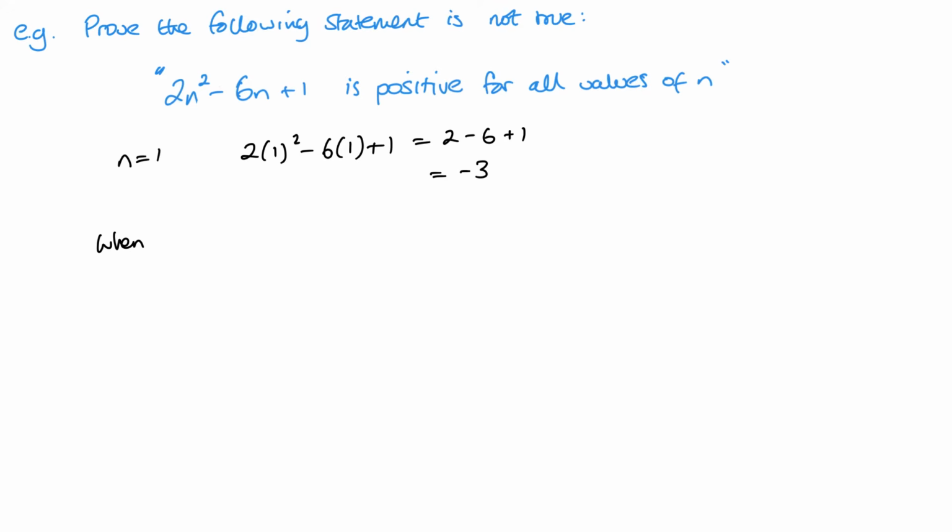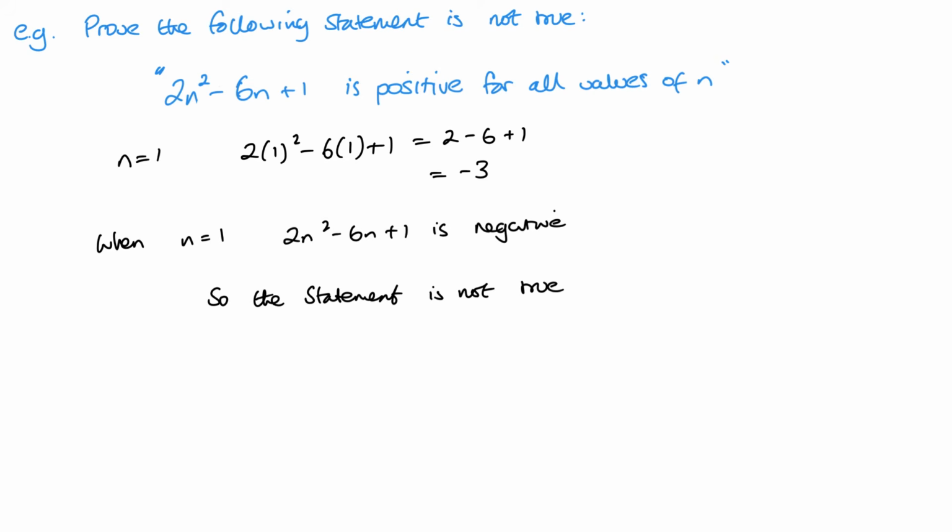So when n equals 1, 2n squared minus 6n plus 1 is negative. So the statement is not true. And that's an example of how a counter example works.